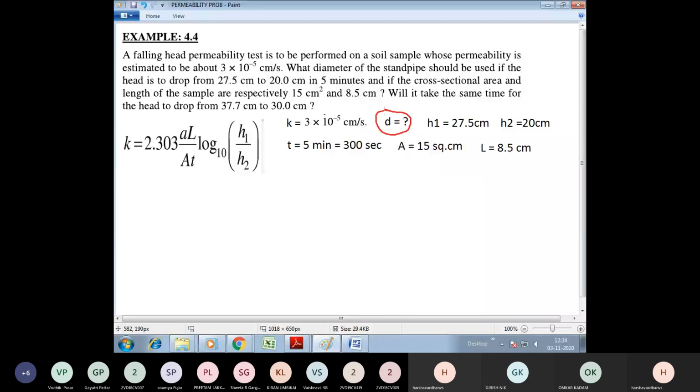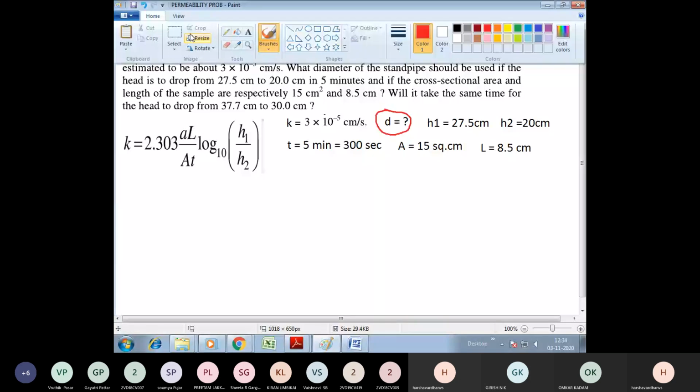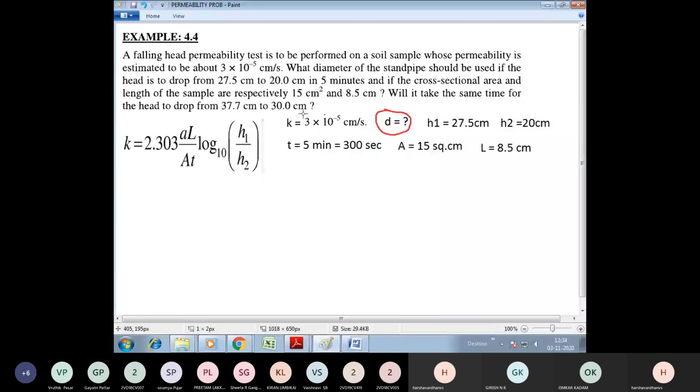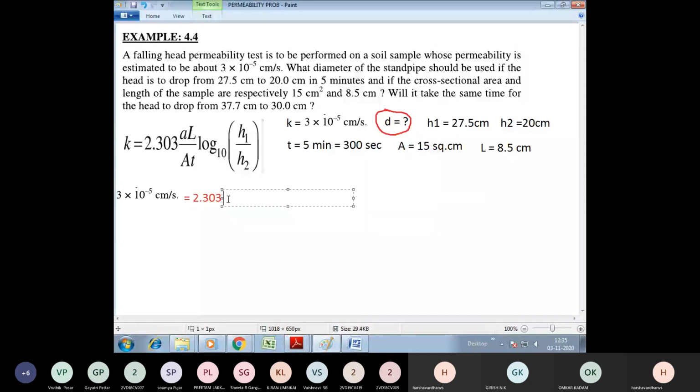If you substitute all the values in this equation, we'll get K is 3 into 10 raised to minus 5, which is equal to 2.303 into, small a is not given, and capital L is 8.5 centimeter.